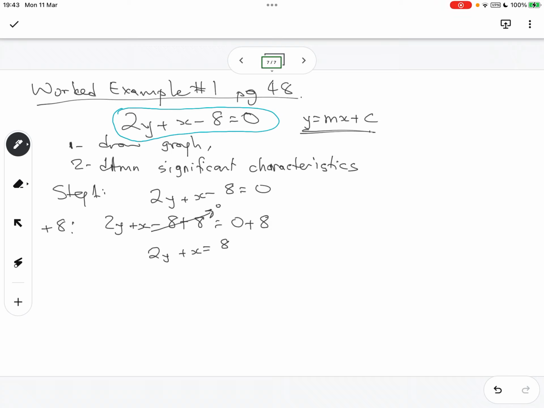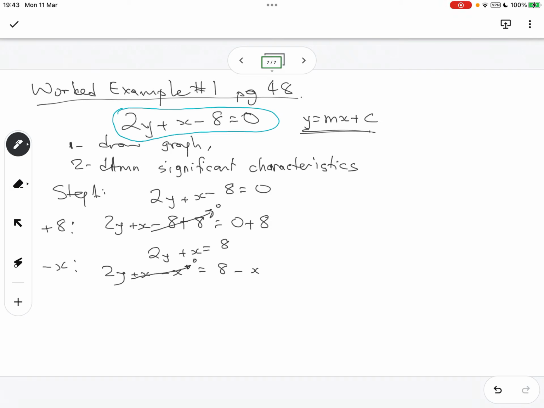Now we're going to solve for y, but before we get there, let me write it so that it's almost underneath each other. 2y plus x minus x equals 8 minus x, and this is minus x on both sides, and these two steps are just simply making use of the additive inverse rule. That's all there is to it, right?